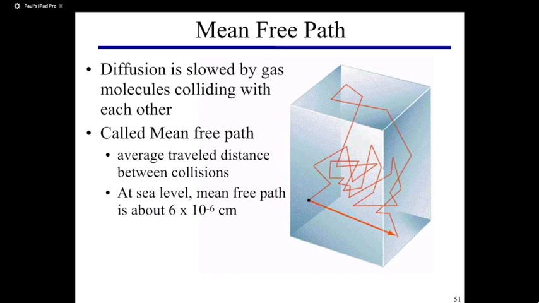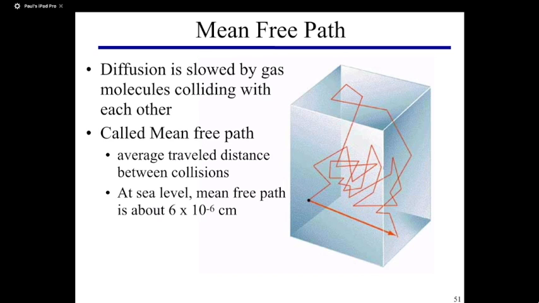Here's what happens. Molecules do not follow a straight line, because the molecule will go for a little bit and all of a sudden it will hit a nitrogen molecule and then it deflects. It can deflect up, down, side, and it'll travel a little bit and hit another molecule, and then it deflects. And so your molecules will travel at 900 miles per hour, but eventually it will get to you.